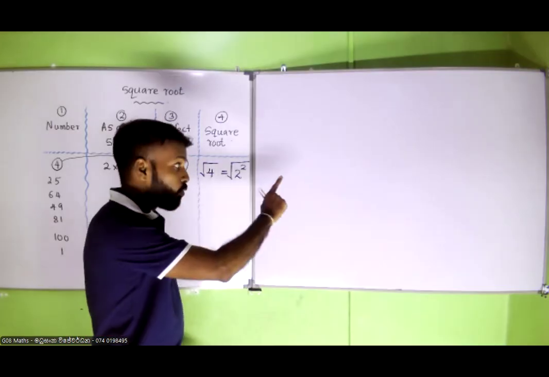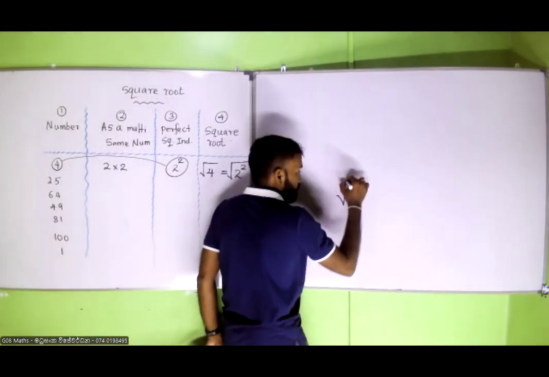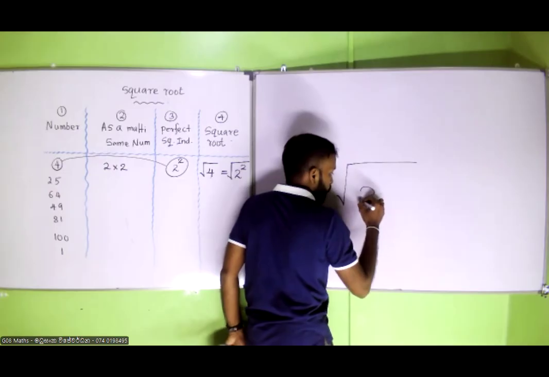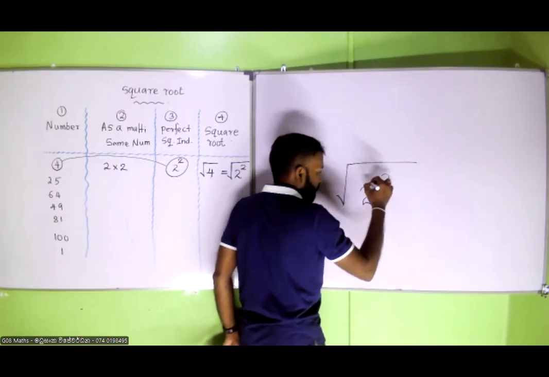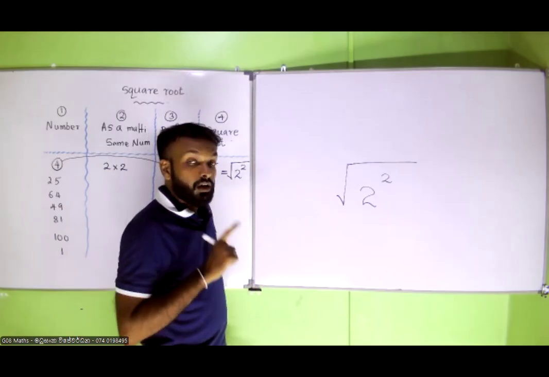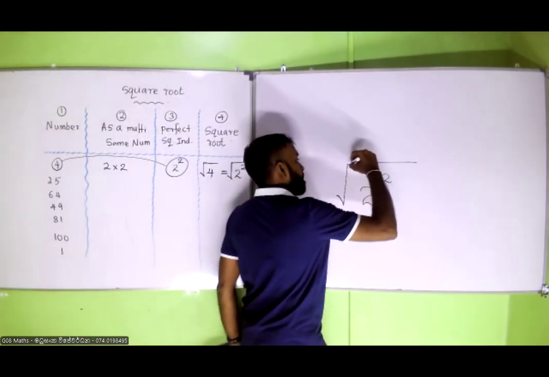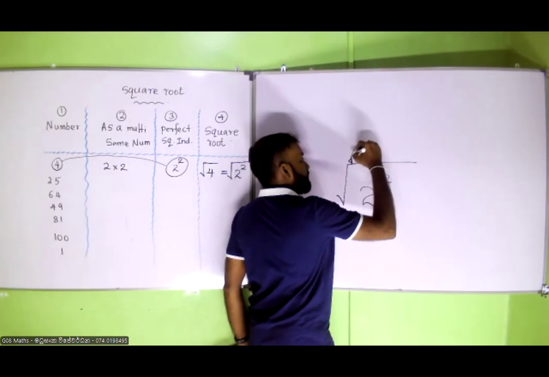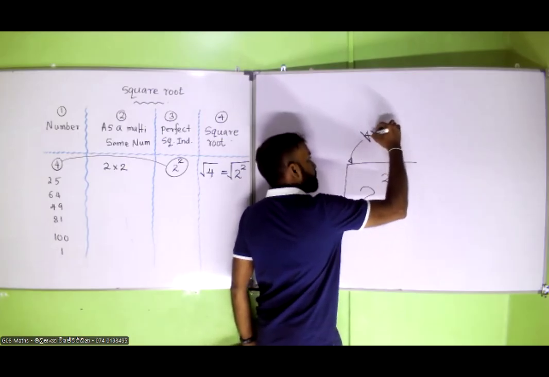Now focus on the board, important part. Now here is the square root, and you have 2 to the power 2. How are you going to obtain the square root of this? Now think, this is like a knife.